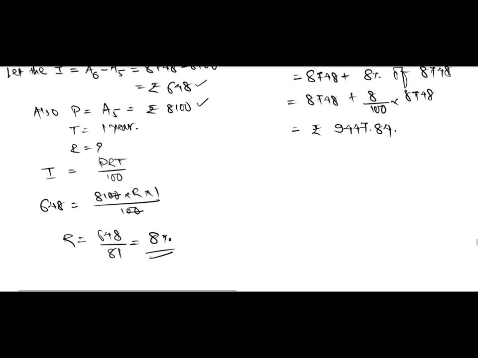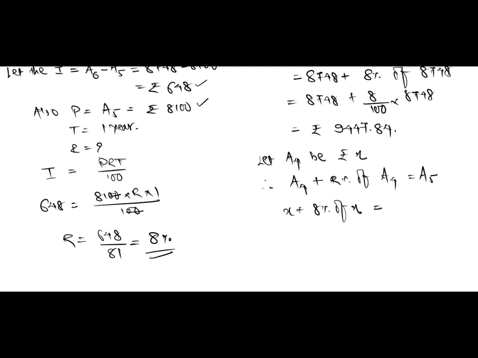How will we find A4? Let the amount in 4 years be rupees X. Therefore, amount in 4 years plus R% of amount in 4 years is equal to amount in 5 years. So X plus 8% of X is equal to the amount in 5 years. And what is the amount in 5 years? 8,100.